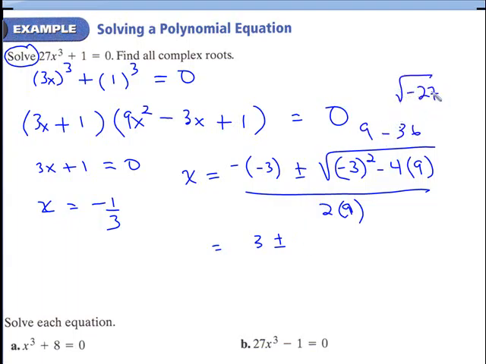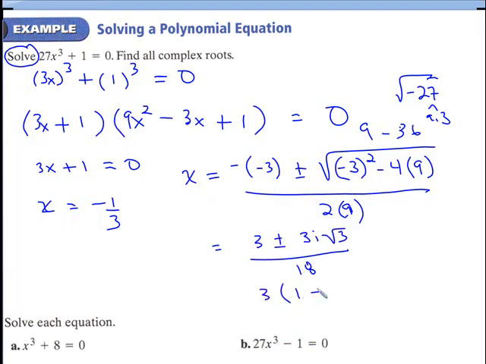So we're going to end up with the square root of negative 27. Now since this is negative, we're going to have an i involved. If you simplify this, basically this is 9 times 3. So we're going to end up with 3i radical 3 over 2 times 9, which is 18. And make sure you don't stop here, because what you could do is factor out a 3.